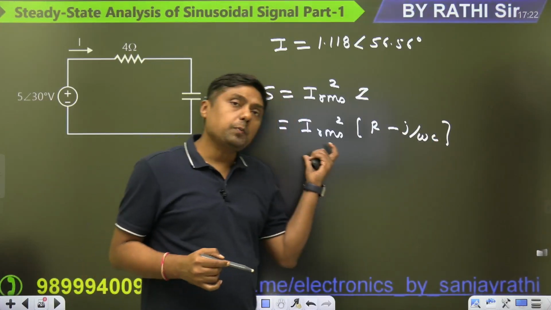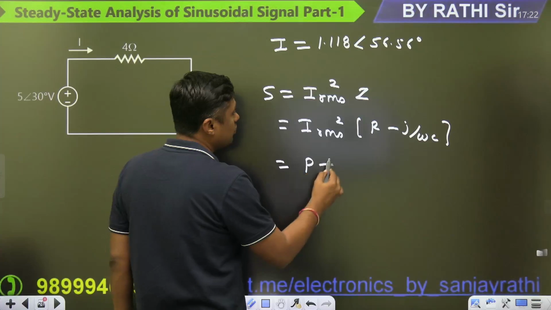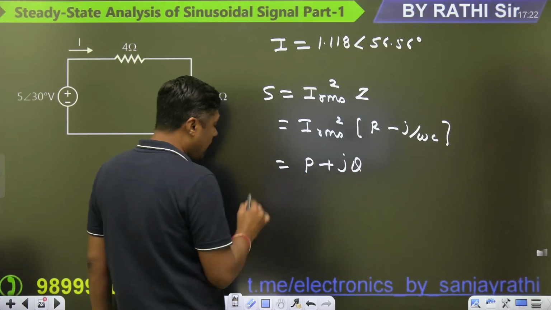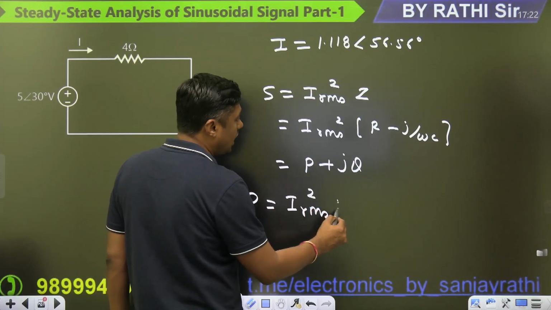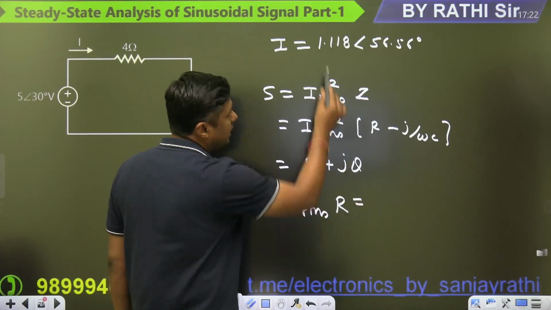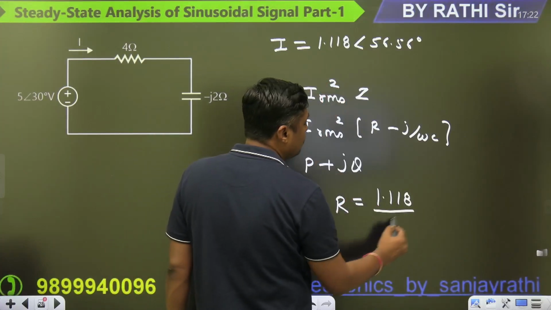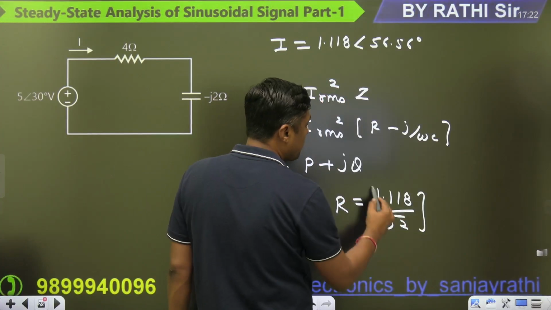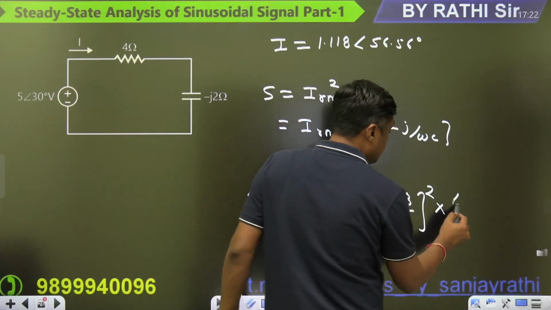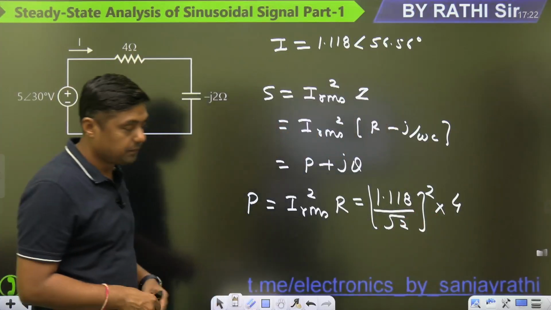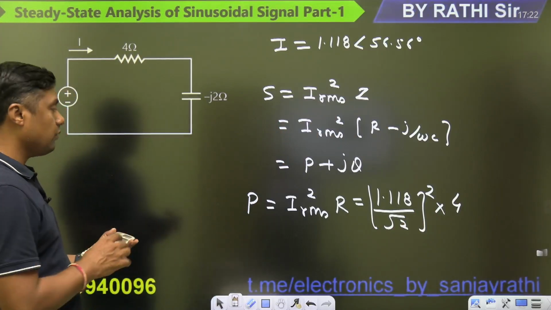And what is the real part here? Because it is equal to P plus jQ, already I have given what is the real part. I RMS square into R only. Directly you can multiply. So what is the RMS value of this? 1.118 divided by root 2, the whole square. And what is the value of the R here? 4 ohm. Please get the answer here. Tell me. So what is the square of 1.118?